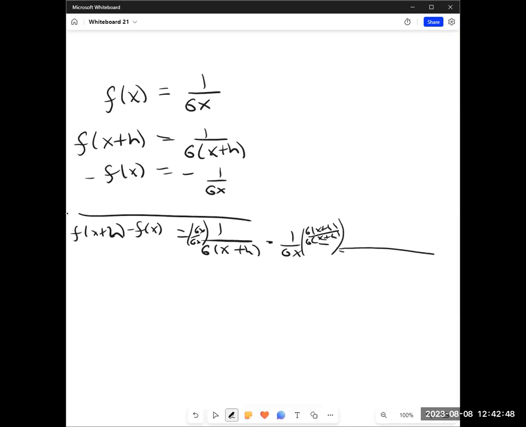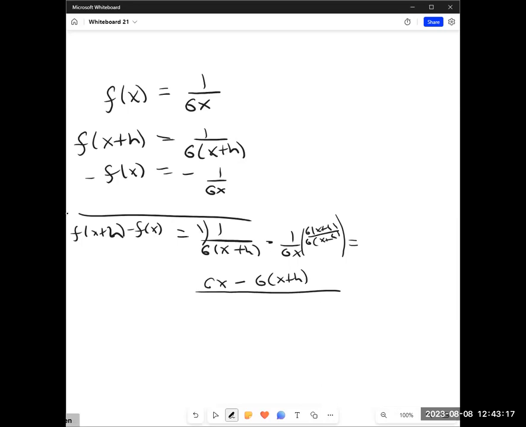That's going to equal for me 6x minus 6 times x plus h over, oops, I multiplied by 6's where I didn't need them here.